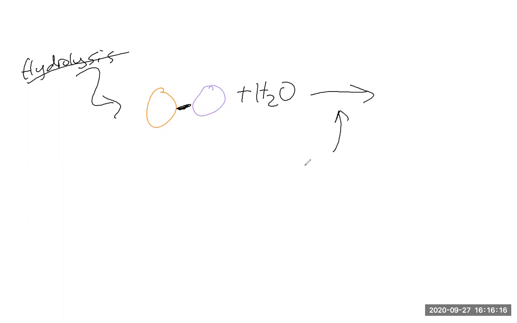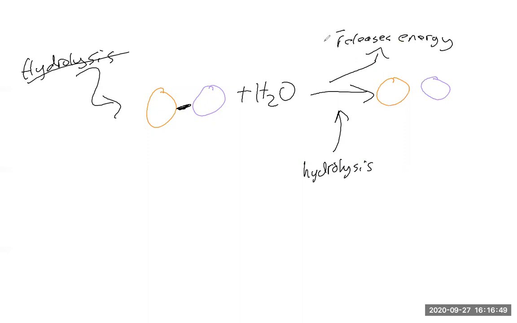Well, the thing that's happening is hydrolysis. So our once macromolecule, our orange and purple circle, are now separated. And this type of reaction usually releases energy. And we'll see how that does right now.